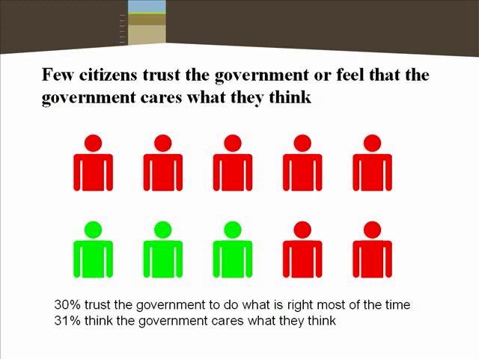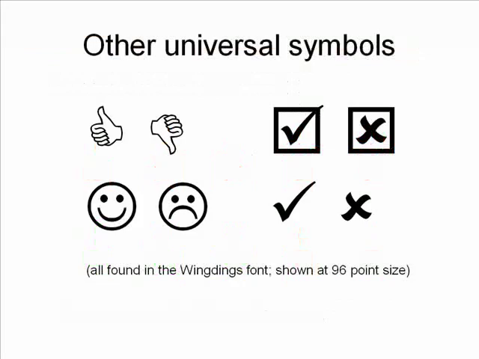Now, this particular symbol that you're seeing here, I actually created just using some shapes in PowerPoint because I couldn't find a piece of clip art or an image that I could use. But there are a lot of images that you can use, other types of universal symbols. Let me take a look at this particular slide for you.